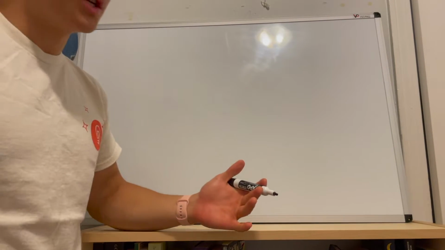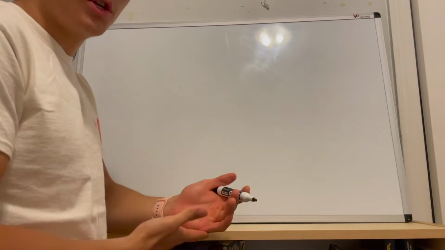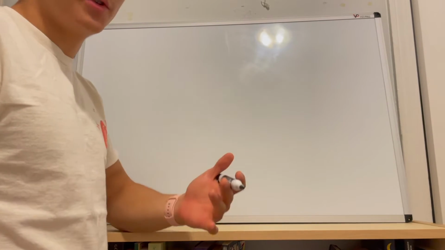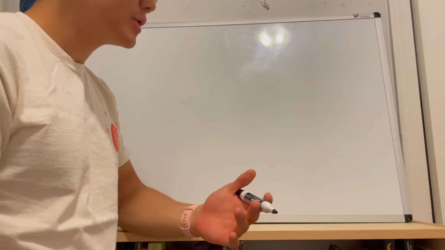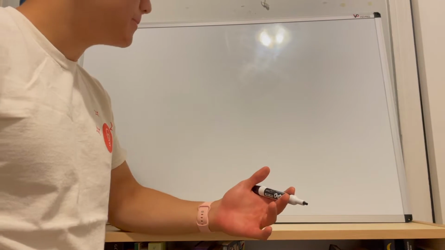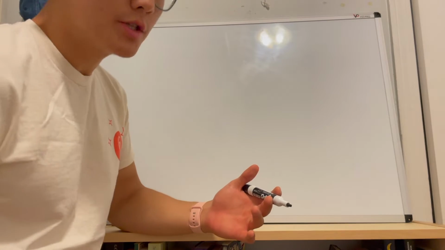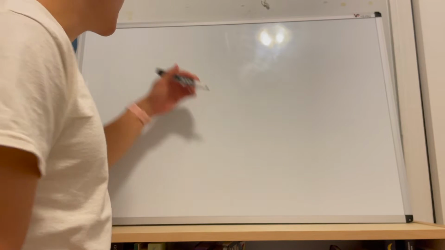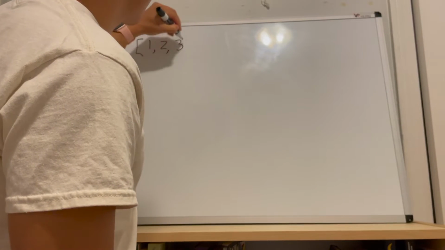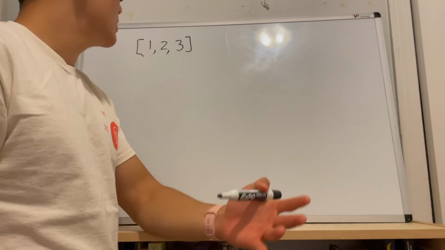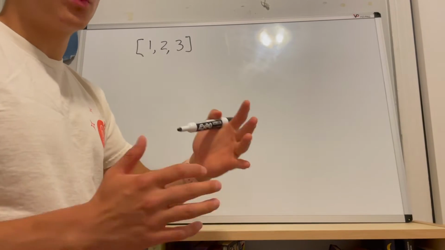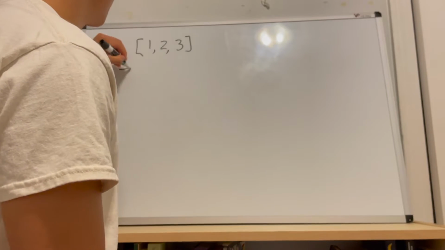A couple implementations of a sequence or a stack are linked lists, which hopefully you guys are familiar with, and static arrays, which hopefully you guys are familiar with as well. We introduced dynamic arrays, and these are better than static arrays because for static arrays, let's say we had the sequence and we wanted to add the number 4. Well, we'd have to reallocate the memory into a new array.